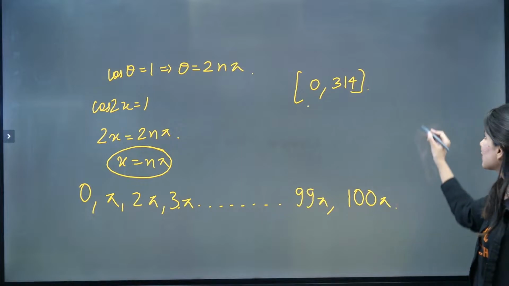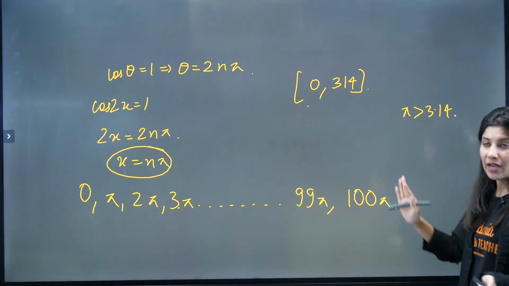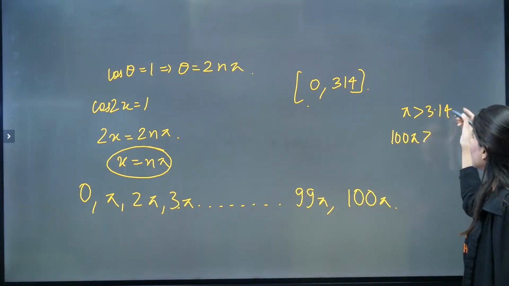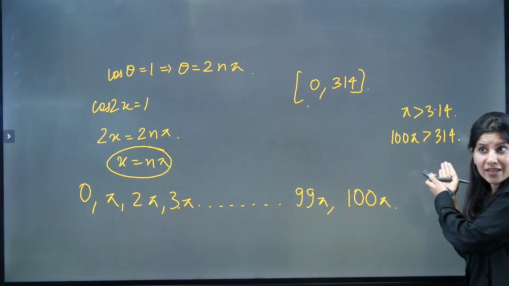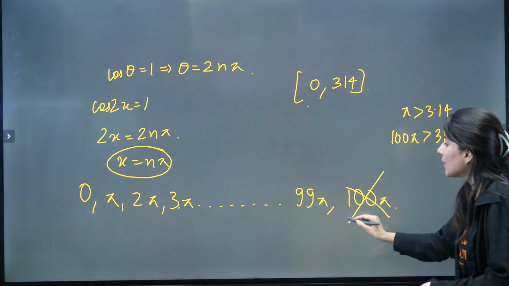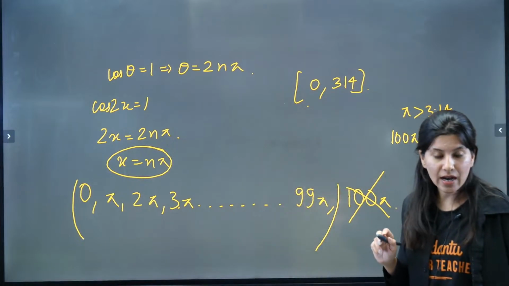Obviously, it is an irrational number. If I multiply 100 on both sides, 100 pi is greater than 100 into 3.14, so 100 pi is slightly greater than 314. Can you see, 100 pi cannot be in this range. So that's why 0 till 99 pi is my solution.